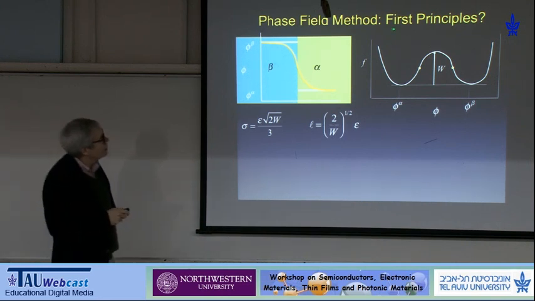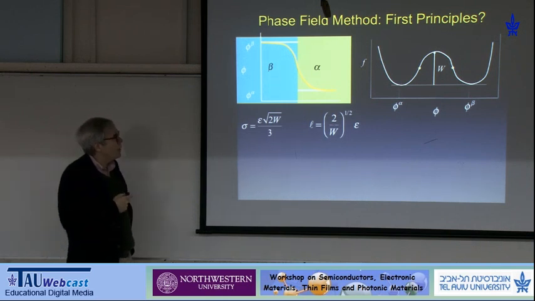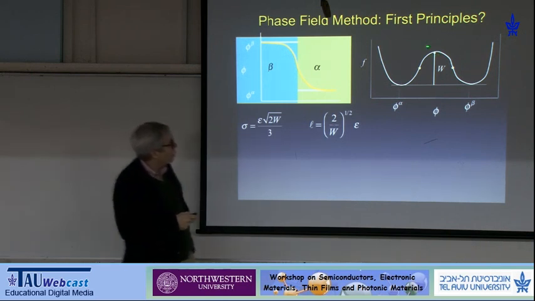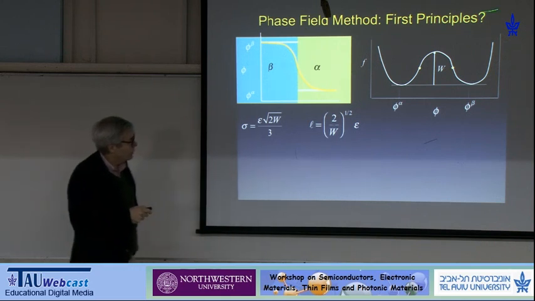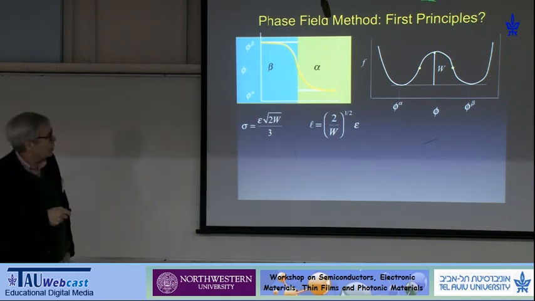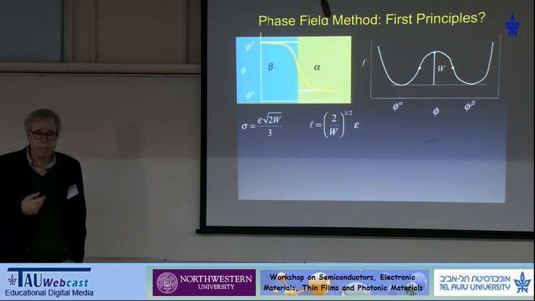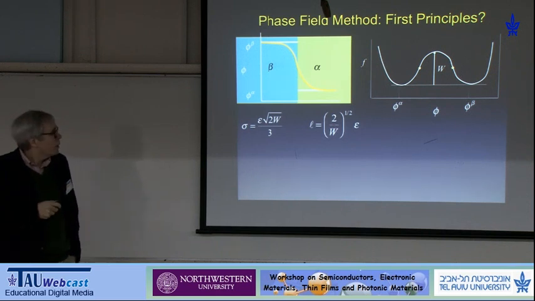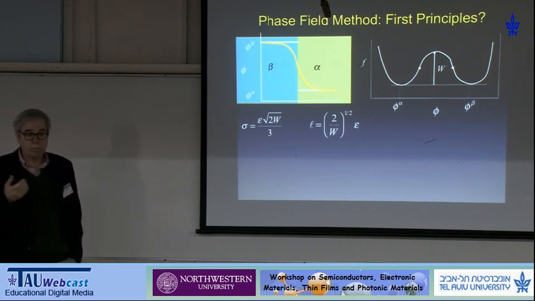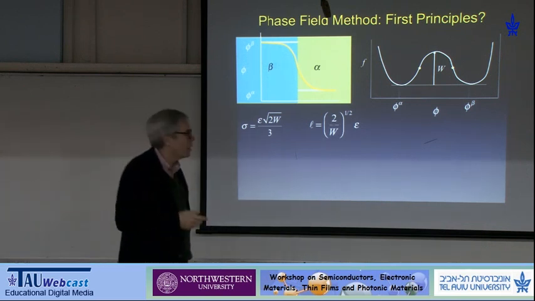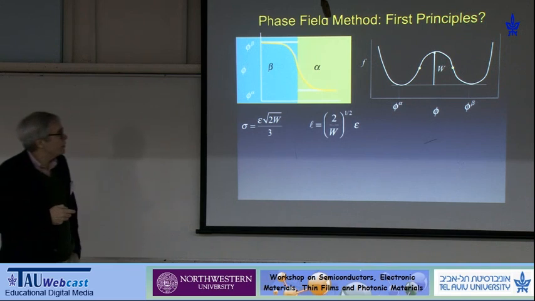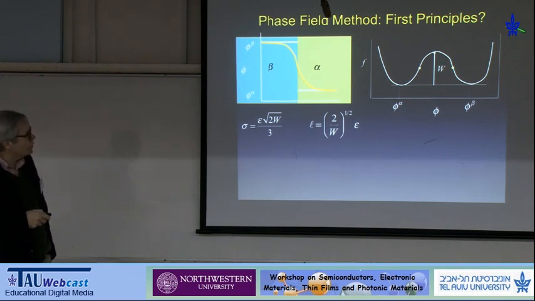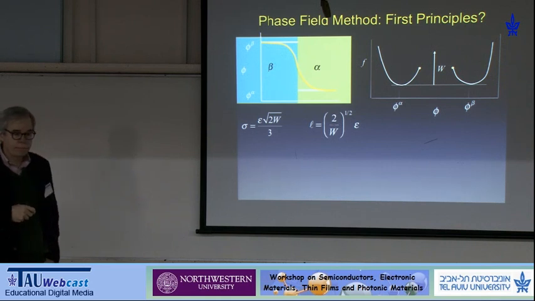The problem here, if you consider this to be a first principles method, is that if you walked down the hall to your friendly statistical physicist and showed him or her this free energy function, and said, I want to calculate W from first principles, she would tell you that no, the free energy function doesn't look like this. It looks like that.